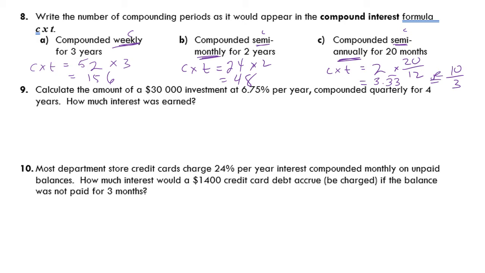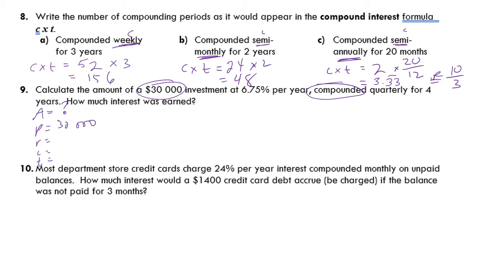Number 9, calculate the amount of a $30,000 investment invested at 6.75%, compounded quarterly for 4 years, and then how much interest was earned. So we see compounded, we should be thinking of these. I want to know the final amount. How much you start with, the P value, 30,000.